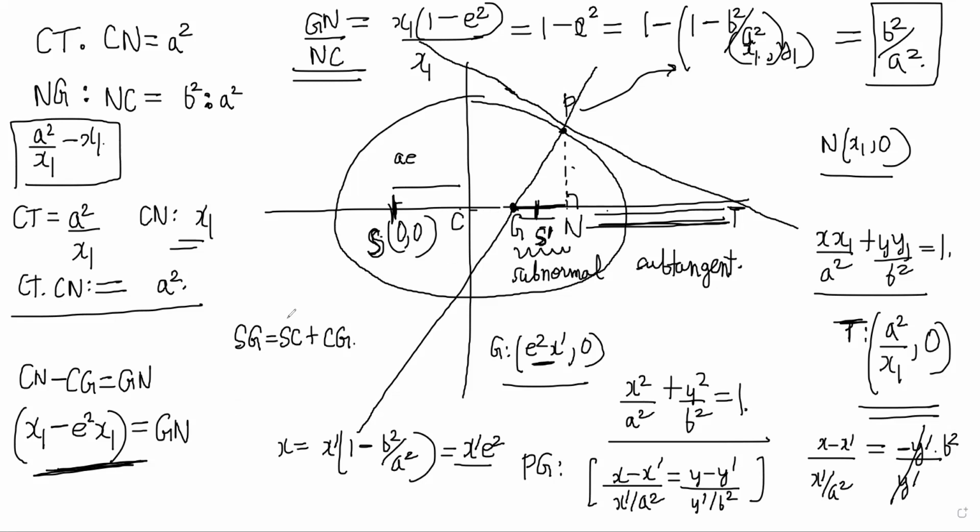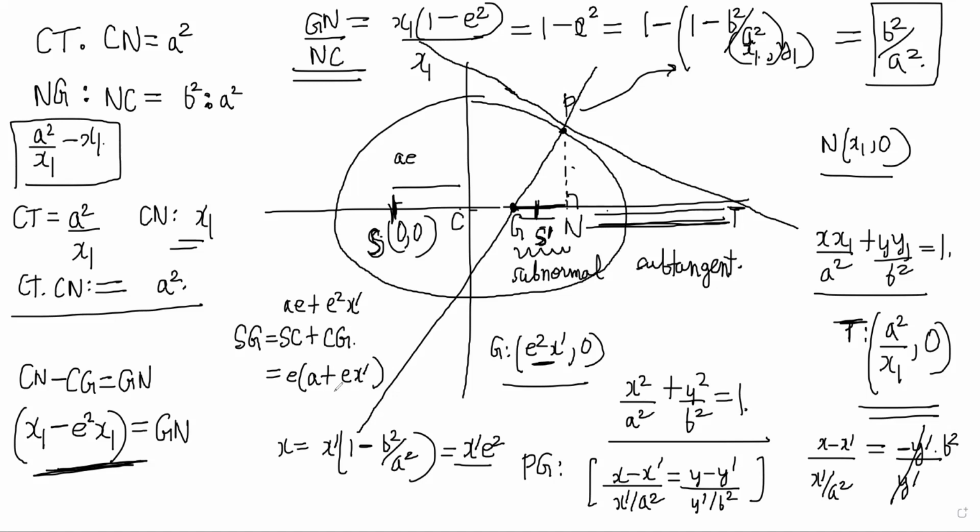E square X dash, right? Correct. So now S to G is coming as this. Here you can take E common and it is becoming A plus E X dash, right?